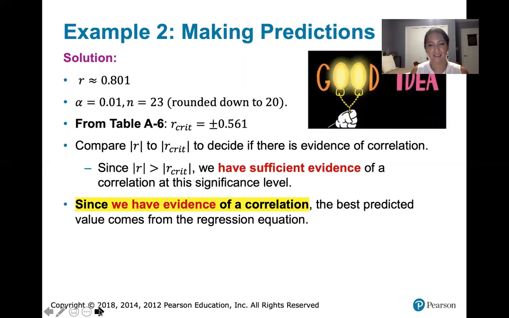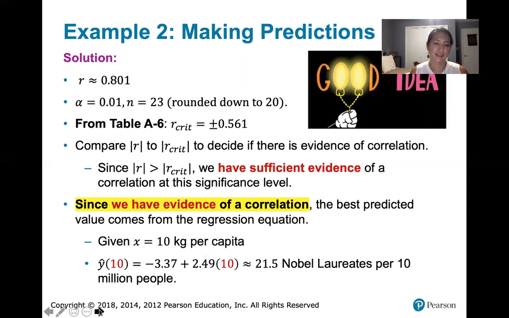Since we have that evidence of a correlation, we just need to plug in the X value to our Y hat formula and find out what Y should be. We were told that this country consumes 10 kilograms of chocolate per capita.